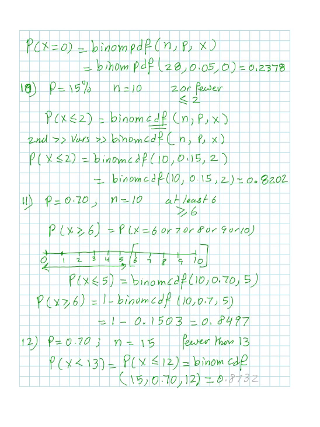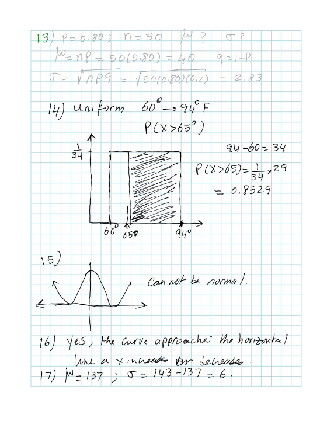So probability of X less than 13 is the same as probability of X less than or equal to 12. Now why did we need to shift it to less than or equal to 12? Because we can use the binomial CDF. So that will be binomial CDF, and then you put the value of N, which is 15, probability of success, which is 0.70, and then you put 12, not 13 here, and then you do the math.